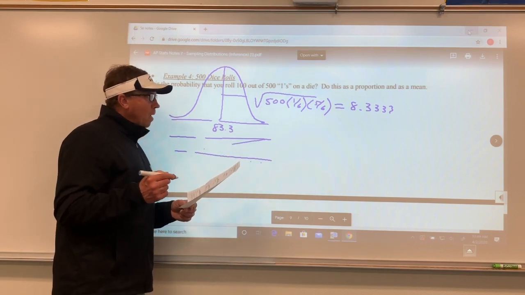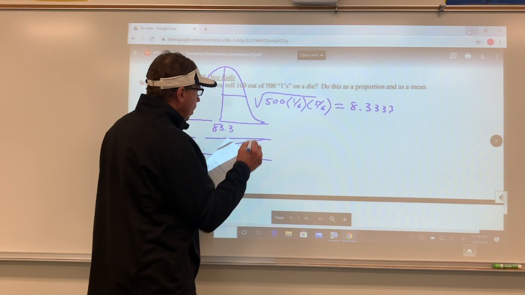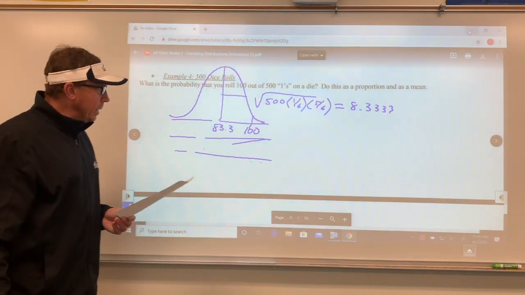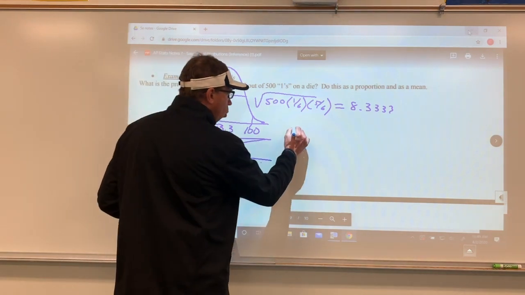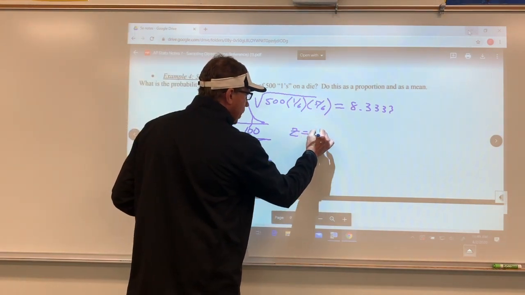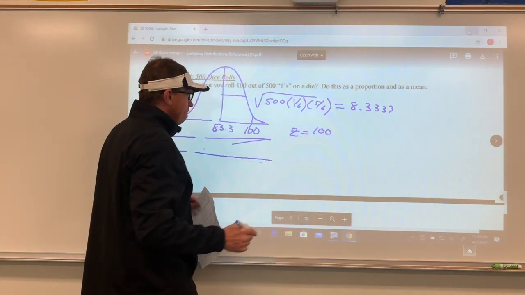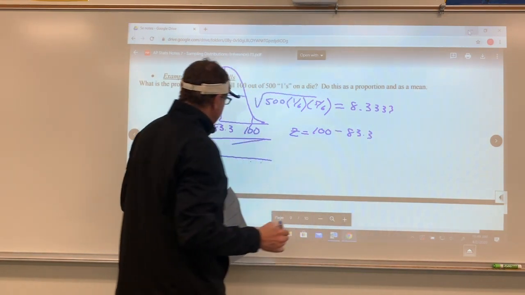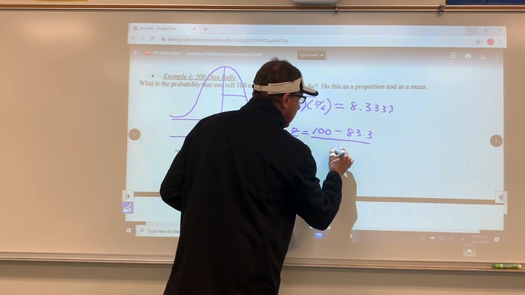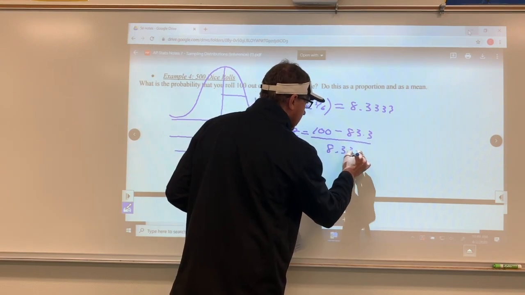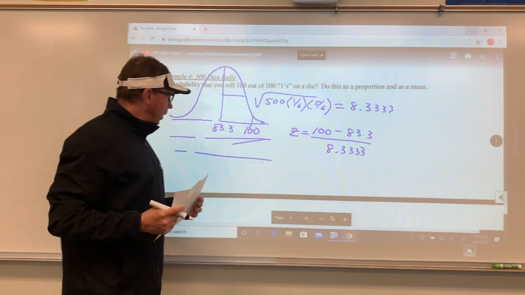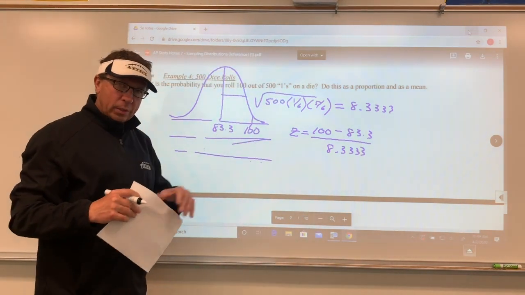And now I'm going to put 100 in here. My z-score will be 100 minus 83.3 divided by the standard deviation of 8.333. You have some rounding errors going on here because this could be 8.3 continuous as well.